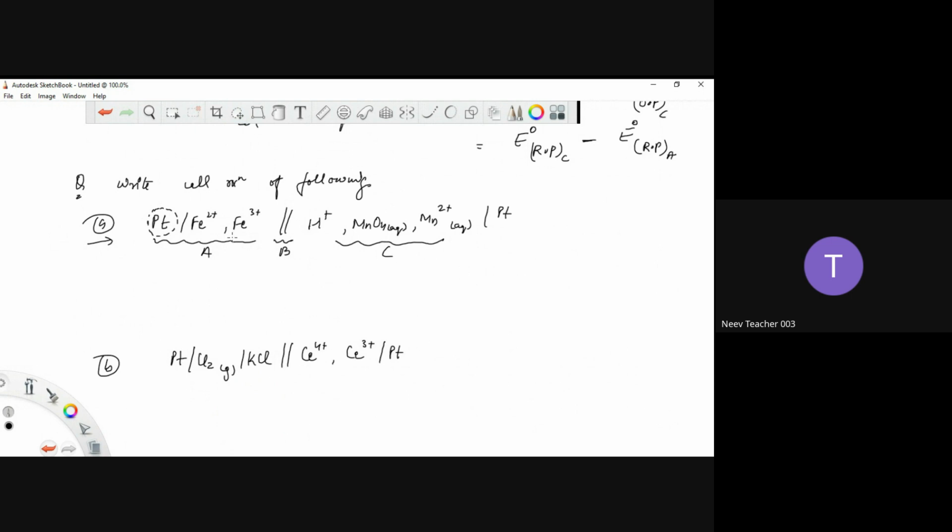If gas is there as a chemical reagent in the cathodic side or the anodic side, you're going to use platinum. Or if only ions are there, then also you're going to use platinum. Otherwise, no need for platinum. You can directly use the electrode. Fine, do it.